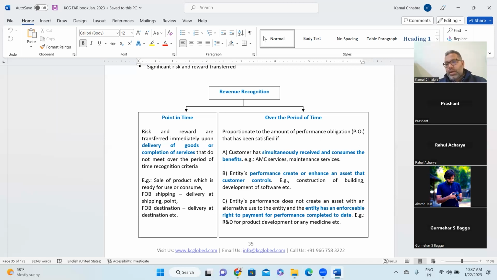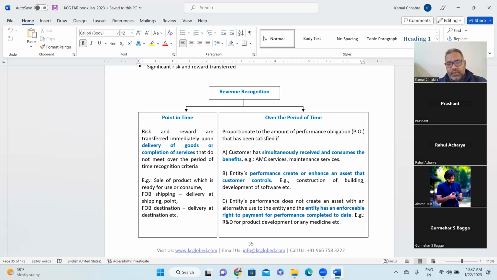Let's assume Rahul, Akash, and Gurmehar formed a company and they are doing research and development work for a pharmaceutical company, doing biotechnology research. Now Prashant and Kamal have formed a company and they hired Rahul, Akash, and Gurmehar to do research and development specifically for their company, specifically for their project, right?